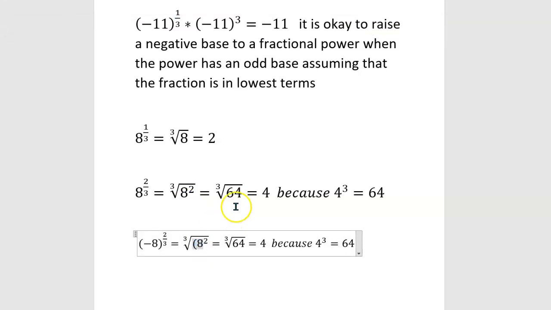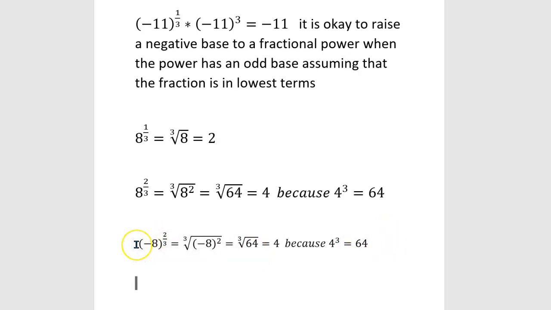Now sometimes you'll get a different answer, sometimes you won't. It depends. If the numerator is even, you'll get the same thing, and 2 is even in lowest terms. So we still get 64 in here and we get the same thing.